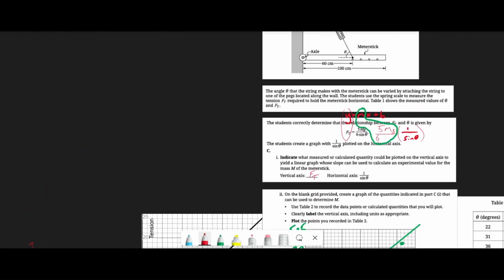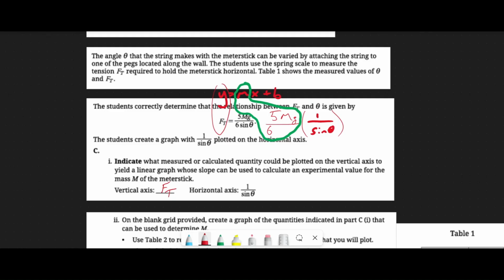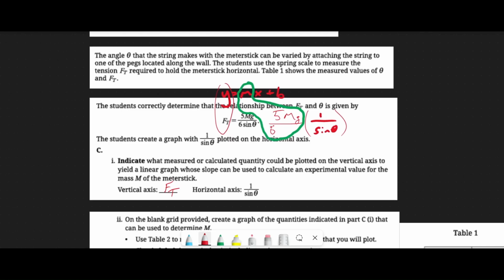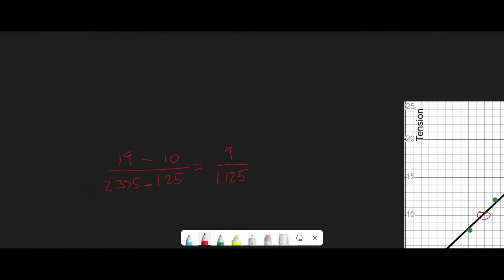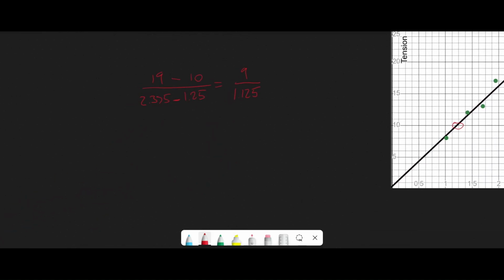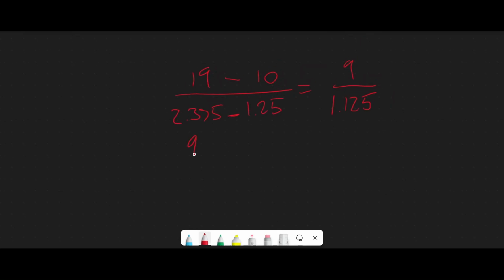This is my slope of this line, but my slope of this line is not quite the answer that I'm looking for yet, because I know that my slope of this line is actually equal to 5 over 6 mg, and I'm looking for m. So I know that this fraction, 9 over 1.125, is going to be equal to 5/6 m times 10.